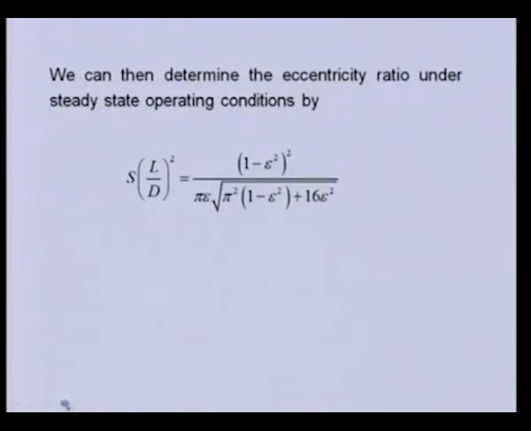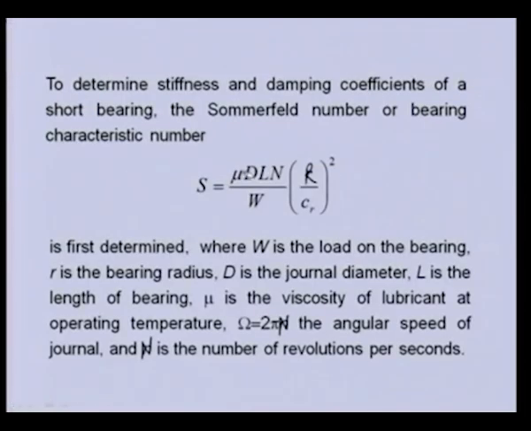Now, this Sommerfeld number we can express in terms of this epsilon, which is nothing but the non-dimensional eccentricity. Now, we can see that this Sommerfeld number is dependent upon the bearing operating conditions, as well as the dimensions of the bearing and the property of the bearing lubricant.